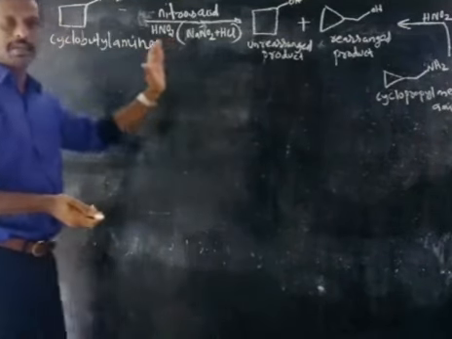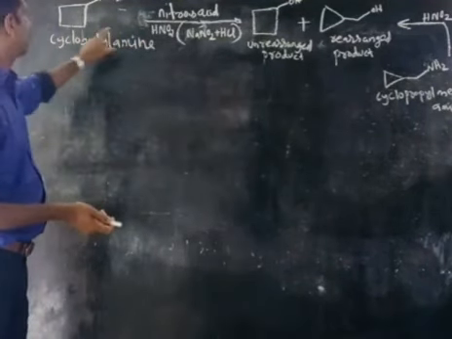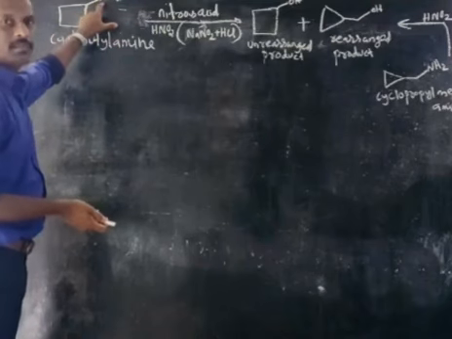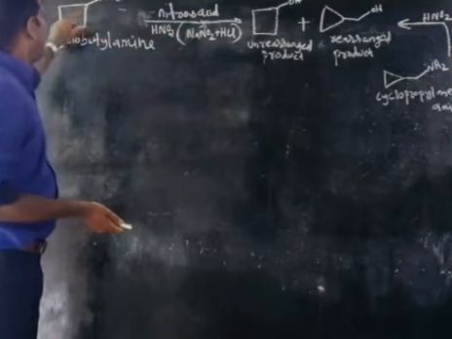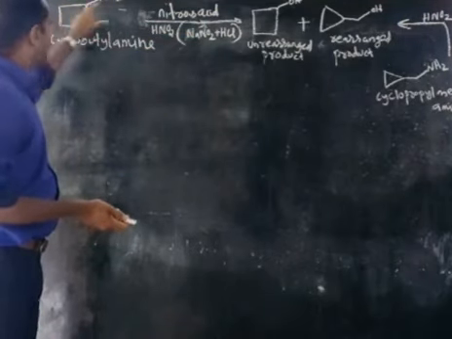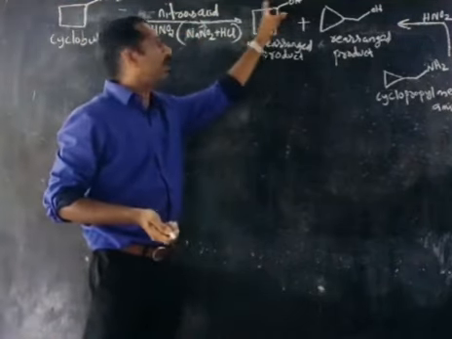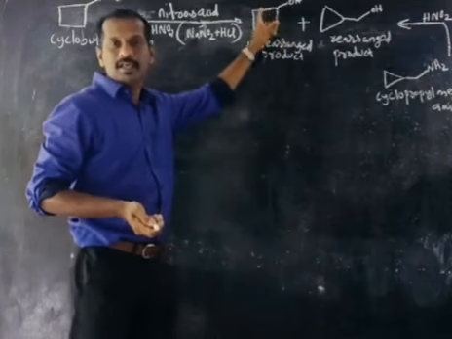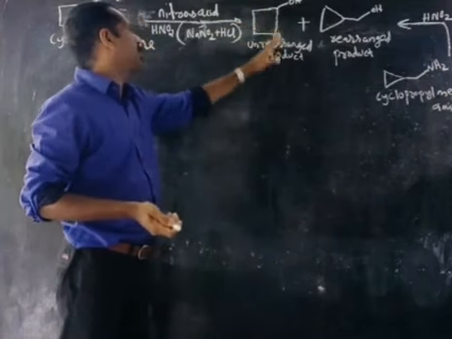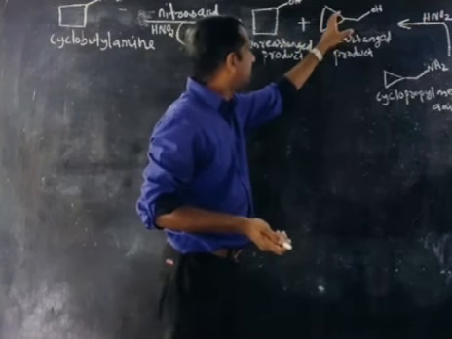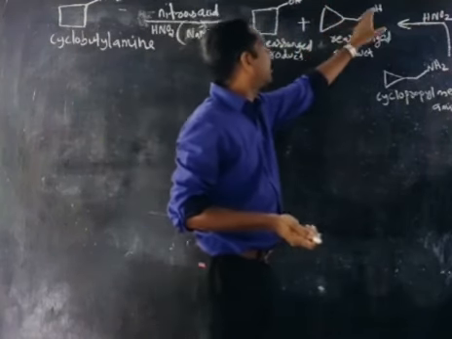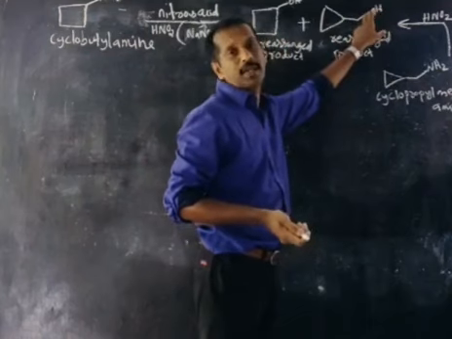Now we will go to the mechanism of the reaction. Once again, look at the reaction. This is cyclobutyl amine. When it is reacted with nitrous acid, you get the unrearranged product. That means here it is OH. There is no change in the shape of the ring, that means the number of carbon atoms is the same. Plus you get a rearranged product where a ring contraction has occurred.